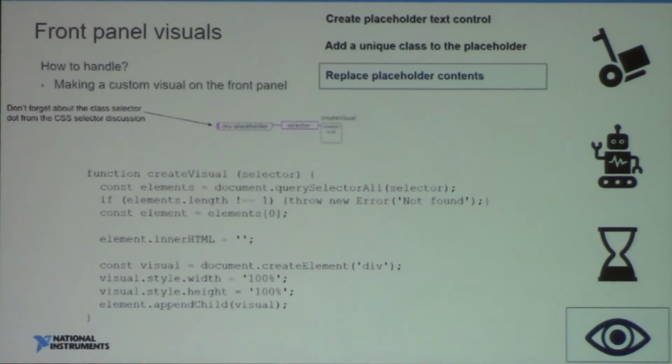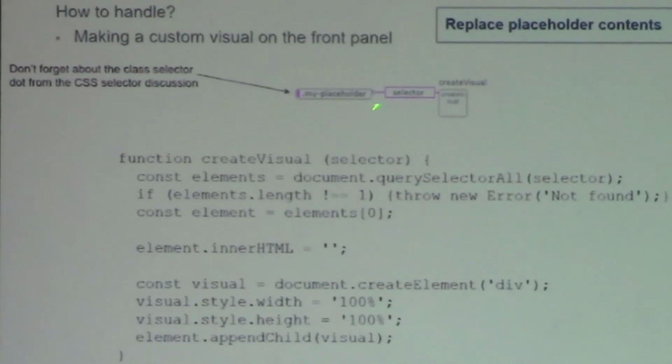So then on the diagram, you take the string, make sure you put that dot on it, so dot my-placeholder, pass it into your function, and then this is the snippet you could use to go get that placeholder, delete its contents inside, and then create your own thing, make it the full width and height of that placeholder, so it uses the same height, and dump it into the page. So again, it's more about, can I replace the visual? Yes, and then you can find the snippet online.